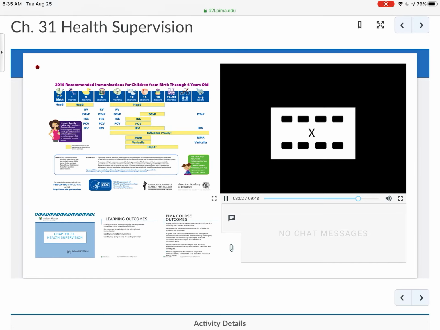They can't get them to the doctor. There's many reasons why kids are not compliant with their immunizations. And also there's kids who don't have immunizations because their parents don't believe in them. So we still have quite a few of those, even with all the education out there. But this is just the chart if your parent wants to see where they should be.